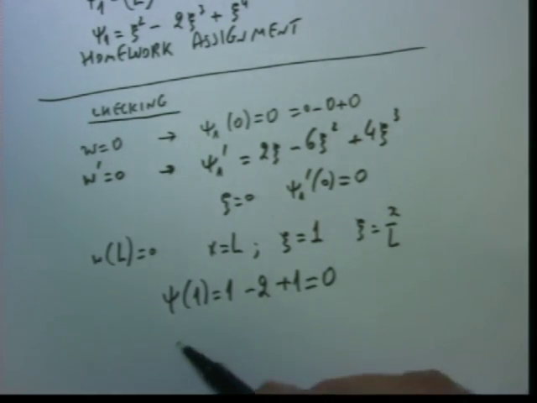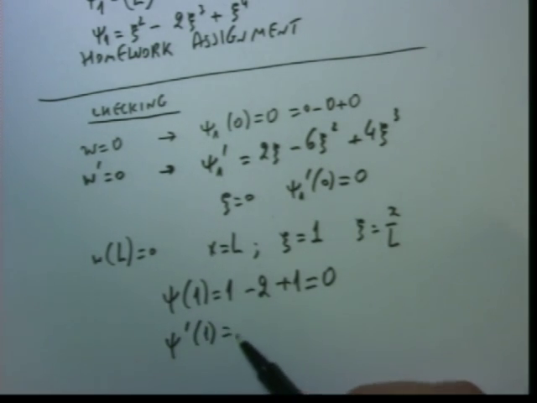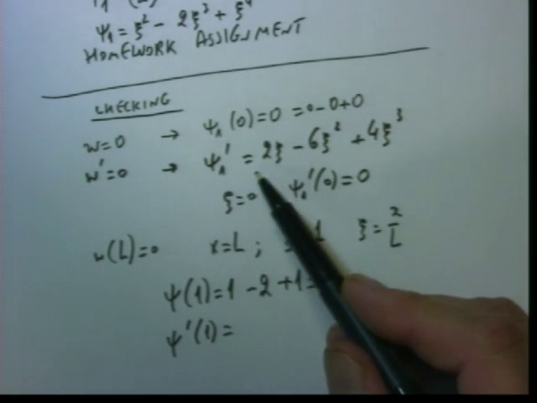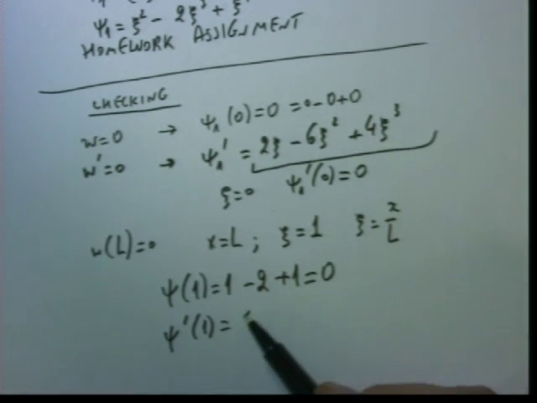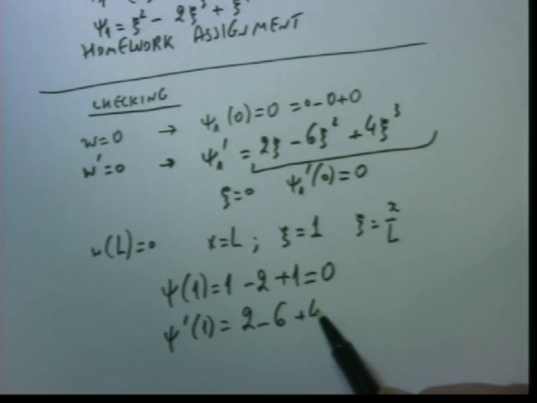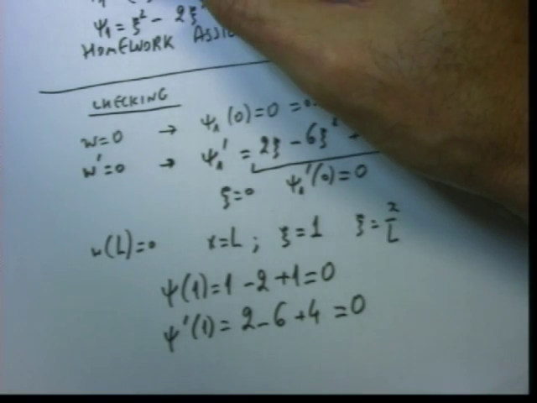You may want to write it down. Then psi prime at 1 must be 0. So let us calculate: that is 2 minus 6 plus 4, so this equals 0. So that is for the clamped beam.